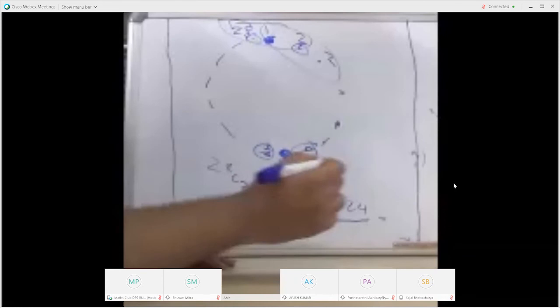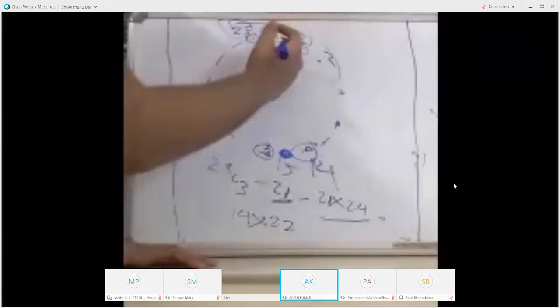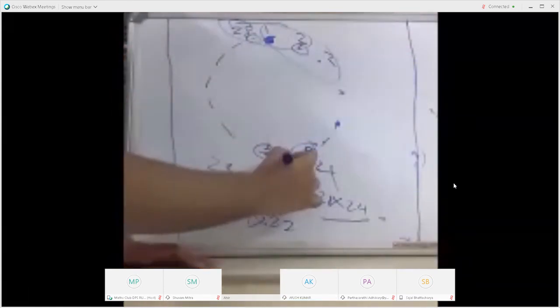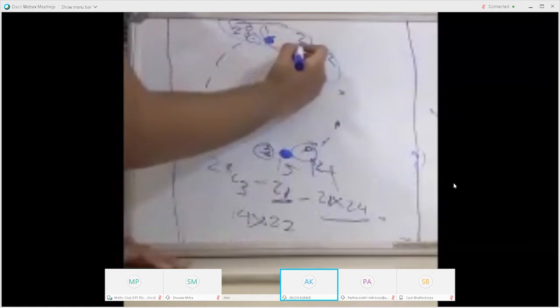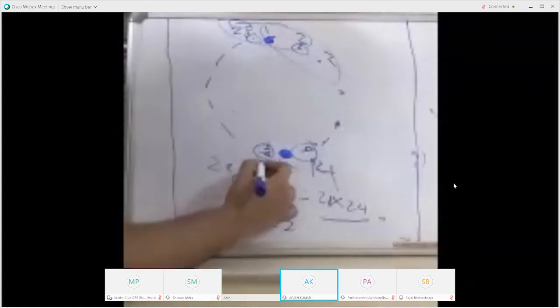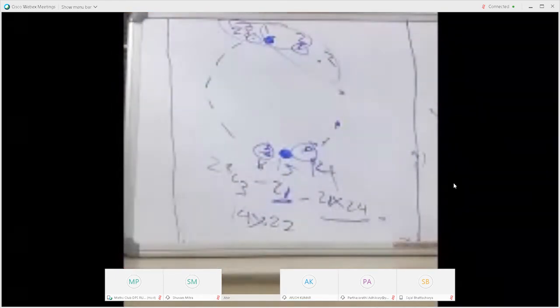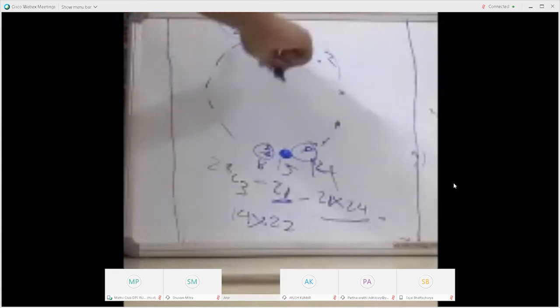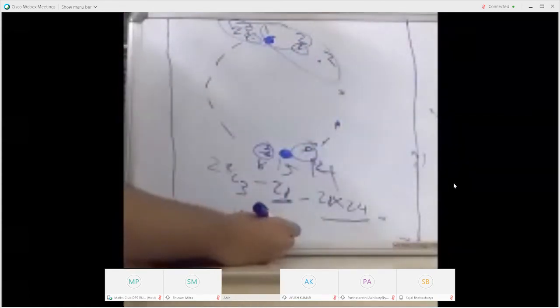So we could do that in 14 ways. And now in how many ways could we select the third point? Suppose we chose 1 and 15 as our first 2 points. The third point cannot be point number 2, point number 28, point number 14, or point number 16, and obviously it can't be 1 and 15. So we cannot choose these 6 points, and we are left with 22. Hence 14 into 22.